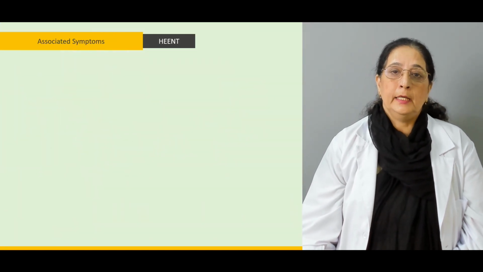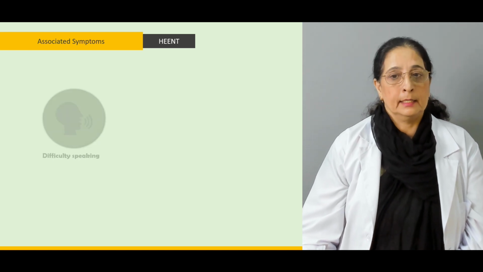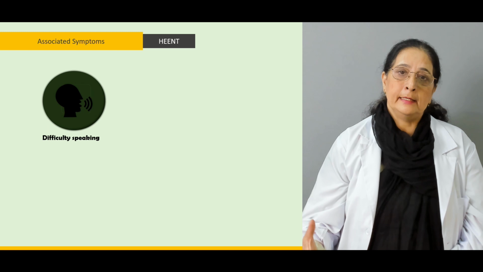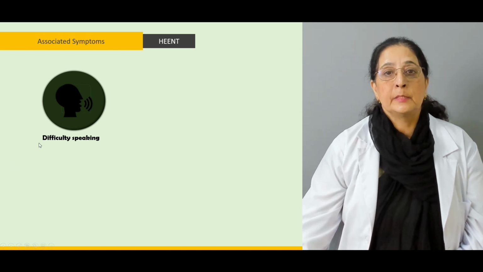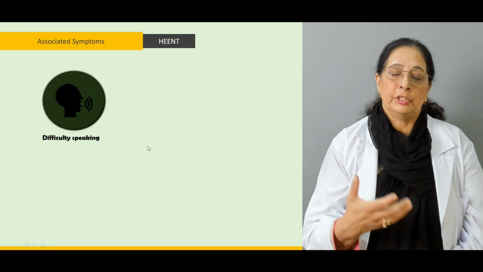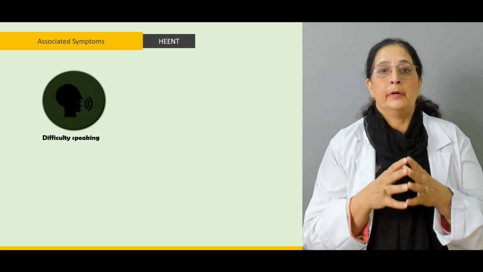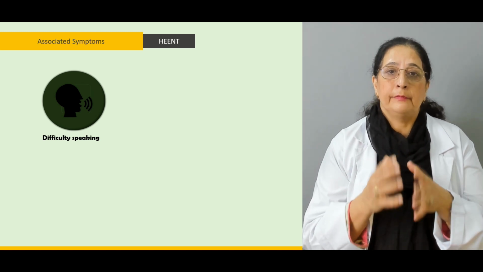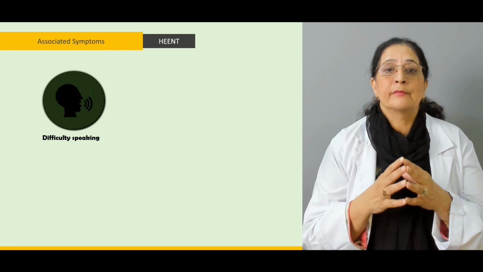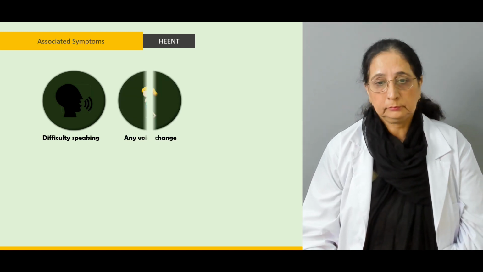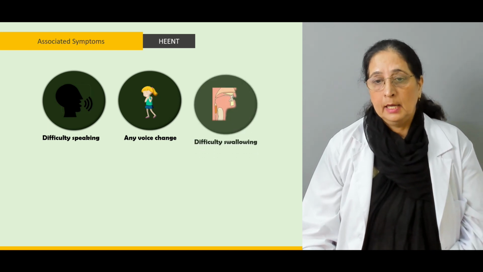Now, the associated symptoms of the burn. HEENT symptoms: head, eye, ear, nose, throat. There is difficulty speaking, which is very common in inhalation injury or upper airway injury, or dysphonia. Any voice change is also common.